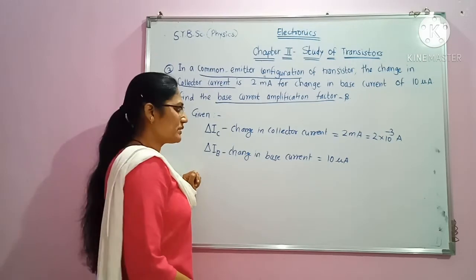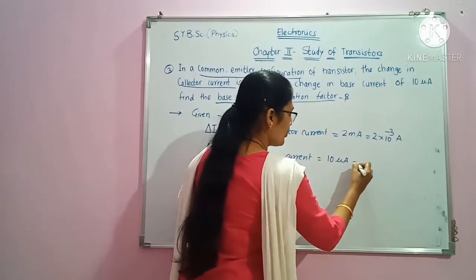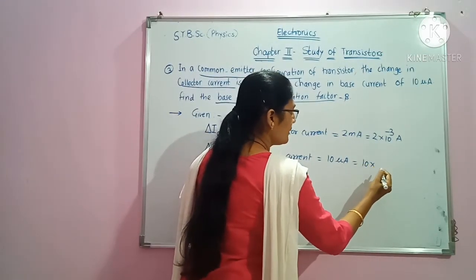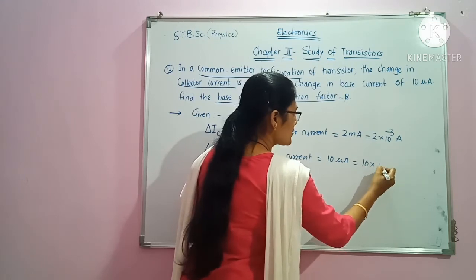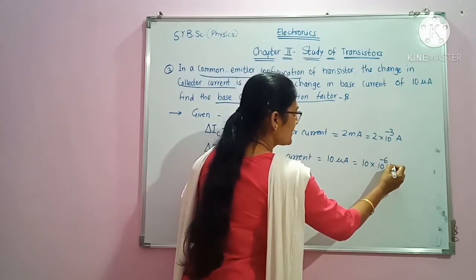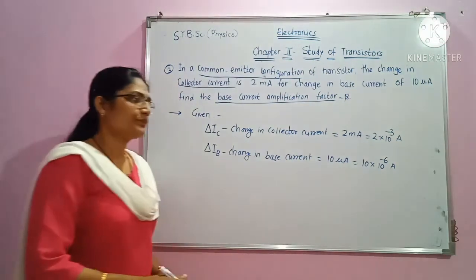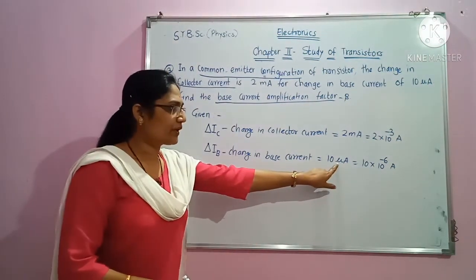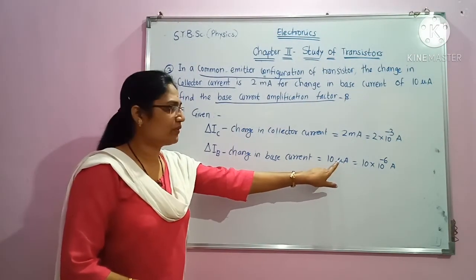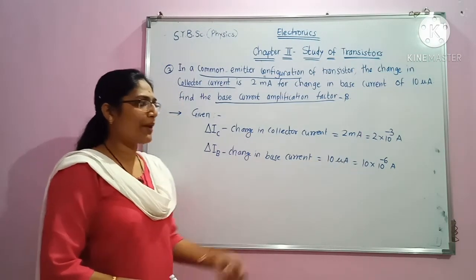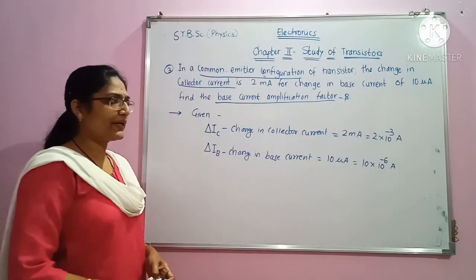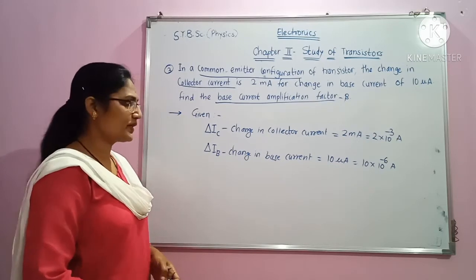So we will write it in ampere. It comes out as 10 raised to minus 6 ampere, because here current is given in microampere. In order to convert it into ampere, we multiply it by 10 raised to minus 6.